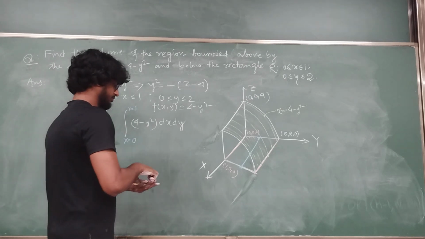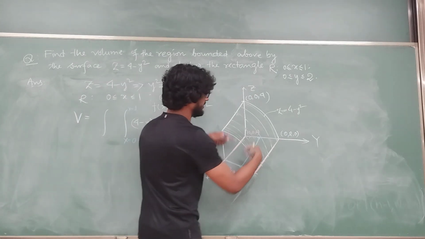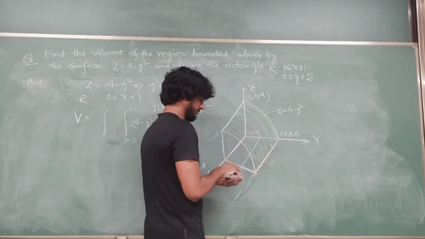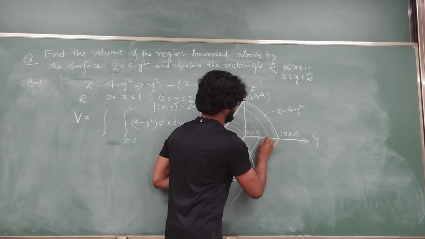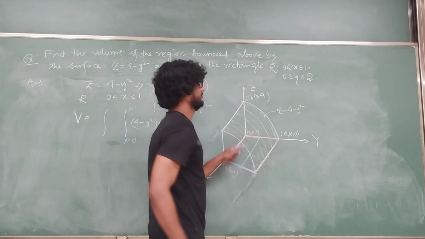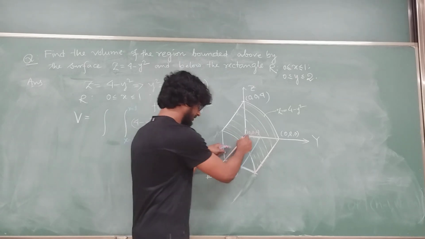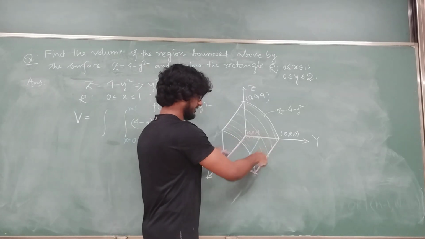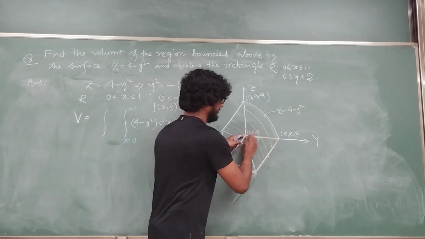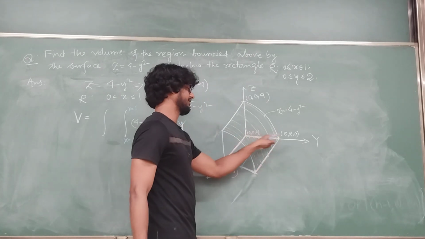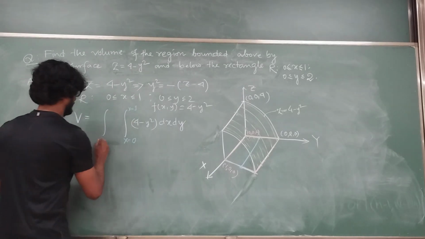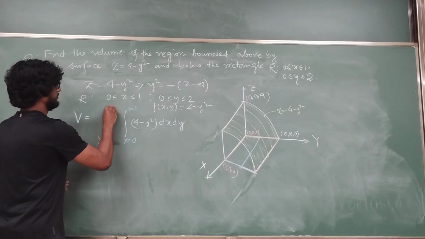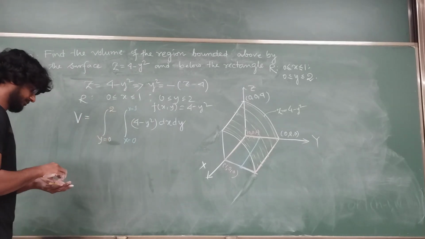Now that we have chosen the x limits, we have to project onto y. If we project the region R, this rectangle, onto the y axis, we get this line only. So y is varying from 0 to 2. Now we can integrate.